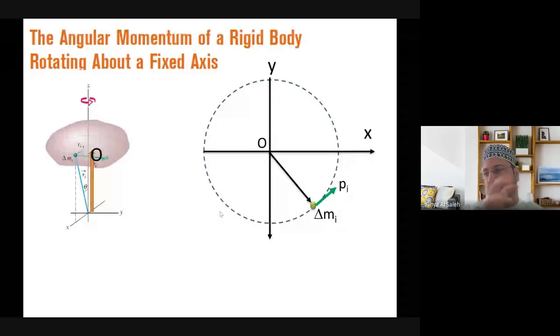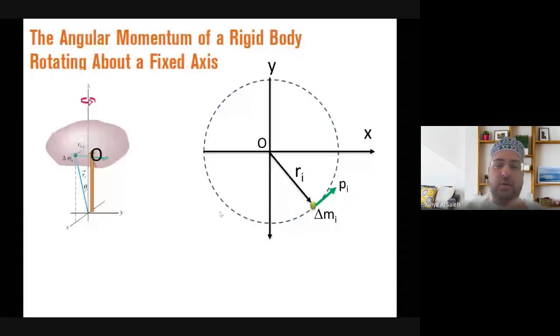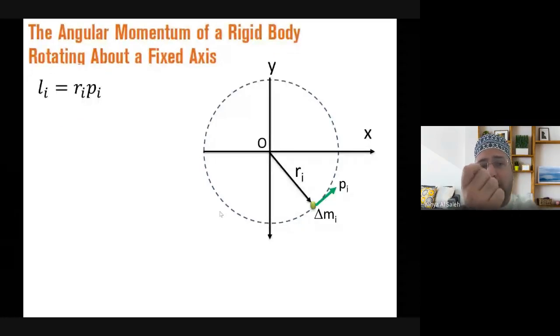Okay, so I have this whole rigid body. The whole thing is rotating. And I'm going to look at only a tiny bit of it. It's going to have a mass delta m, tiny bit. It's going to be at some distance, r, from the origin. Only this tiny bit will have an angular momentum, r_i cross p_i, right? m r cross v just for that tiny bit.